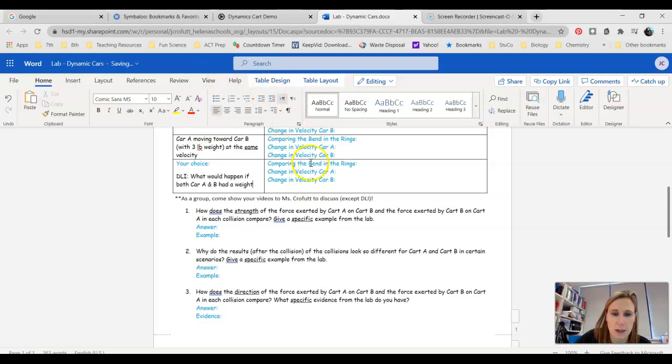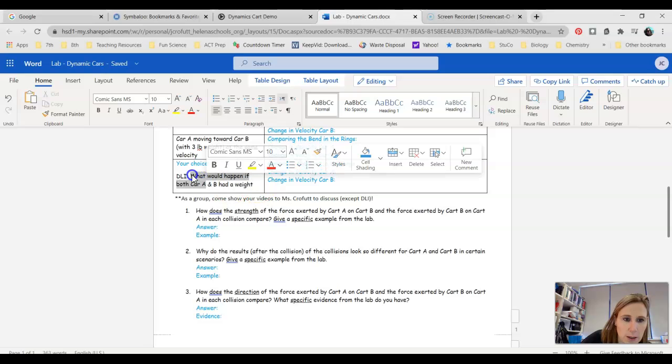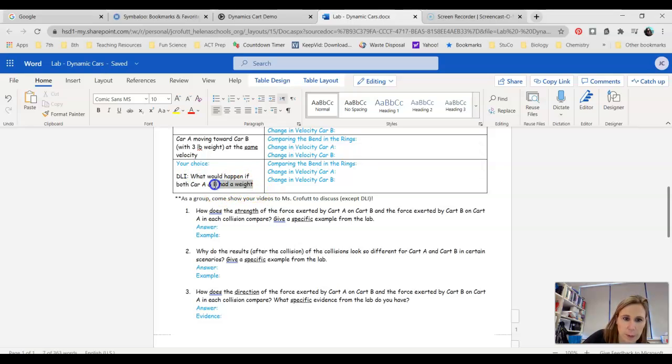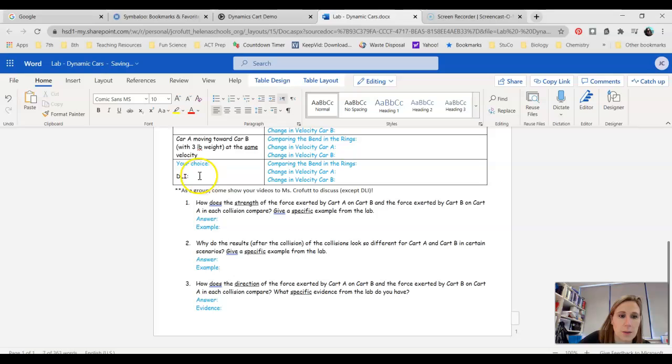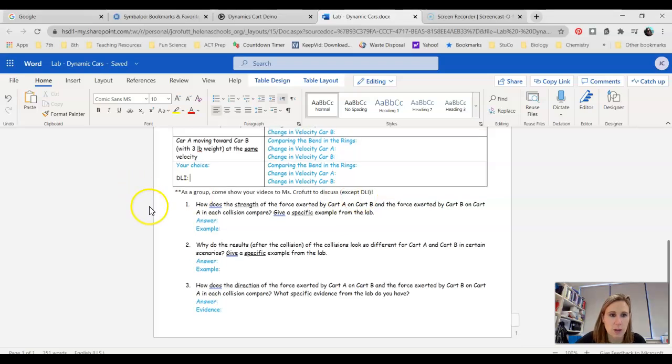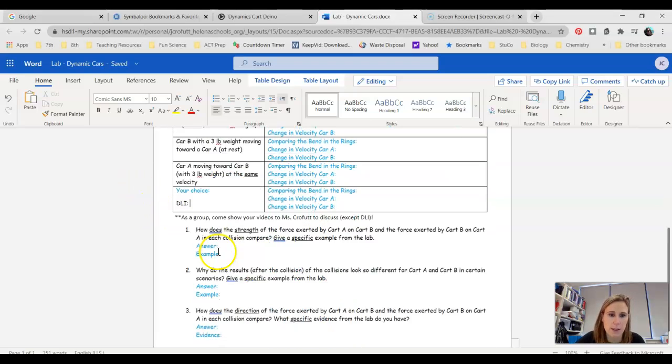So actually, let's do it this way. I remember what I wanted to do, sorry about that. You are going to make up your own. If you could do this in class, what would you test? That's what I want you to do. Make your prediction on how you think this would respond. It should be different than one of these other ones.